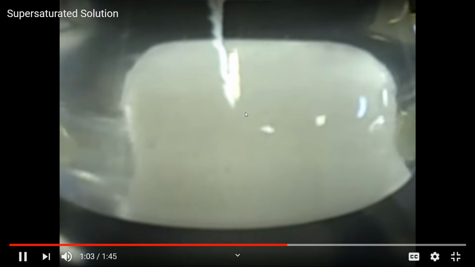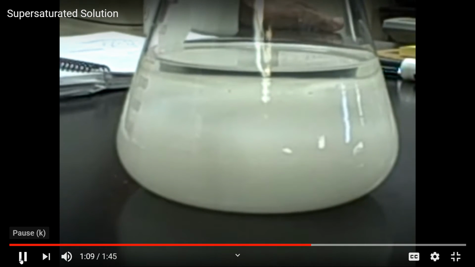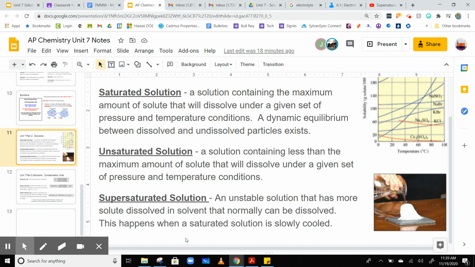So you'll see he added a little bit of the salt, and then you see it coming out of solution here. That's because it was supersaturated. If you just Google supersaturated solution, you can find lots of explanations on that one.